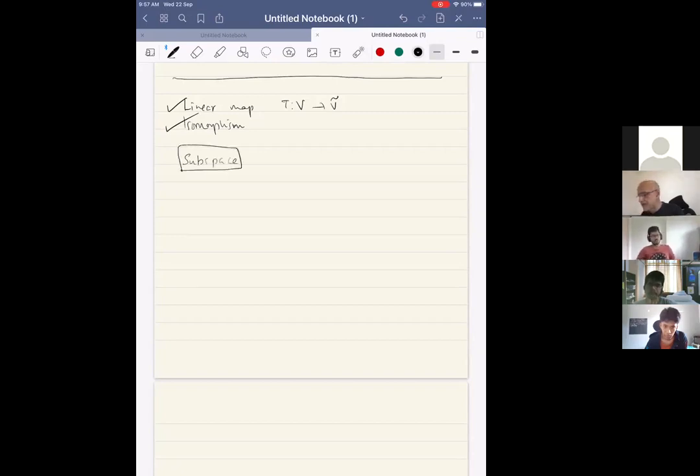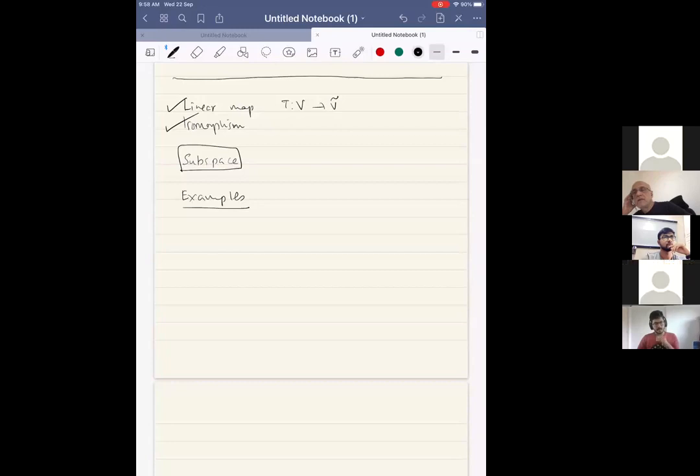Once we deal with subspaces, I will go to examples, and the rest of the class will deal with examples, in which context we will talk again about linear maps and subspaces. But before I begin, can I take it that you understand what a linear map is and what an isomorphism between vector spaces is? Okay. Yes. Yes, sir. Very good. So now what is a subspace?